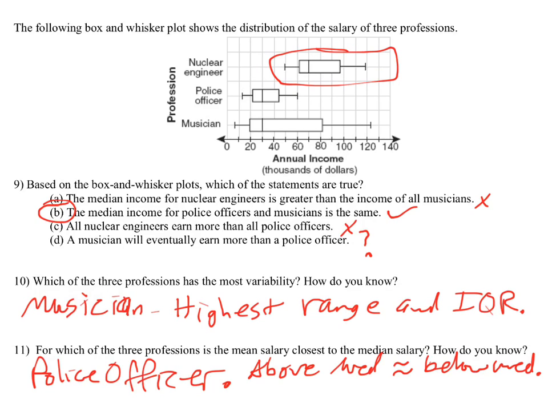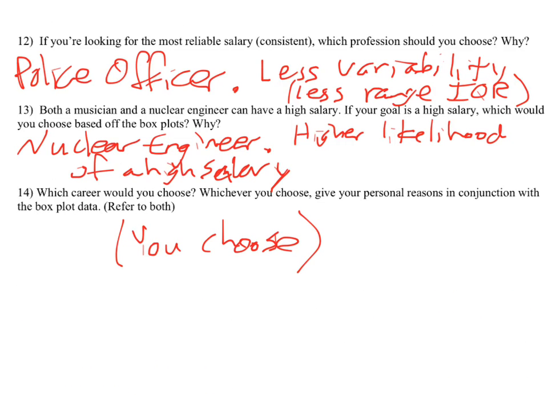Much less variability and higher up than the musician. Maybe you love being a musician, you don't mind getting a little bit of money, and maybe you will get a lot of money in that work. Or maybe you like being a police officer, which is more consistent work, and you enjoy serving the public in different ways. Yeah, you get that. And I'm going to start the video there.